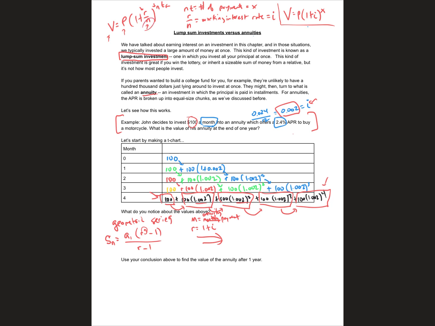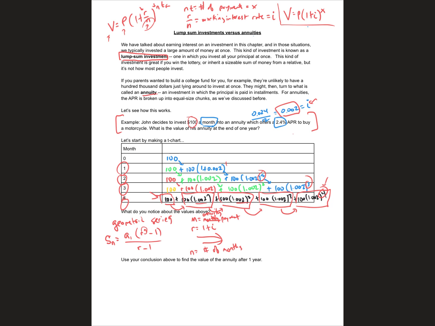That's why I want to write this in terms of different variables so it's not so confusing. But the N is the number of months. And you can tell if you look at the pattern above, my fourth month ended on a fourth power. My third power was the third month, second power, second month, first power, first month. So that N at the end is the number of months that have passed.